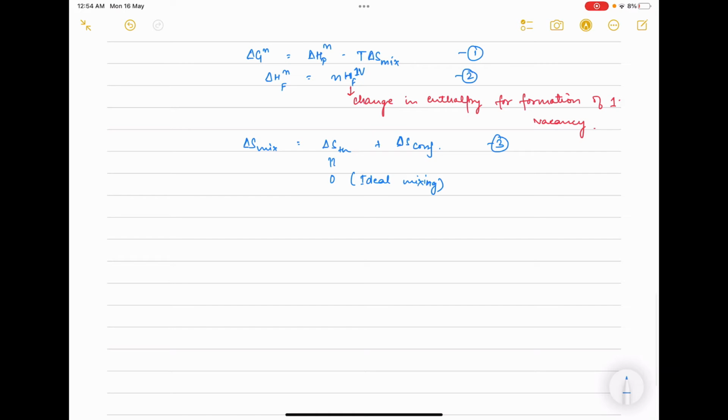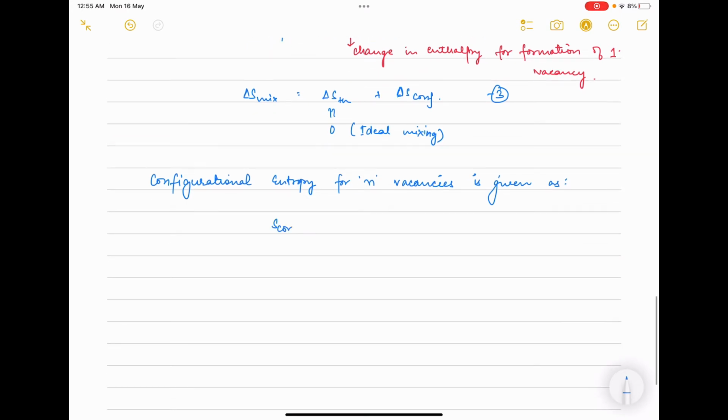So now, configurational entropy for n vacancies is given as S configurational of n is equal to k_B ln omega.